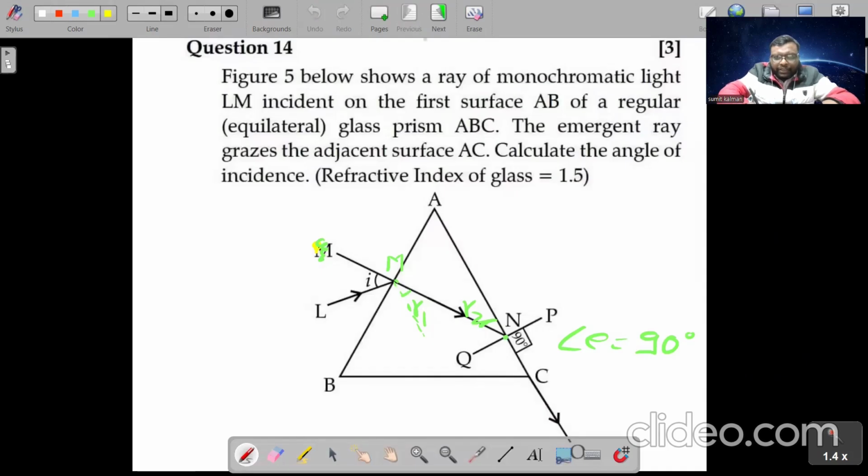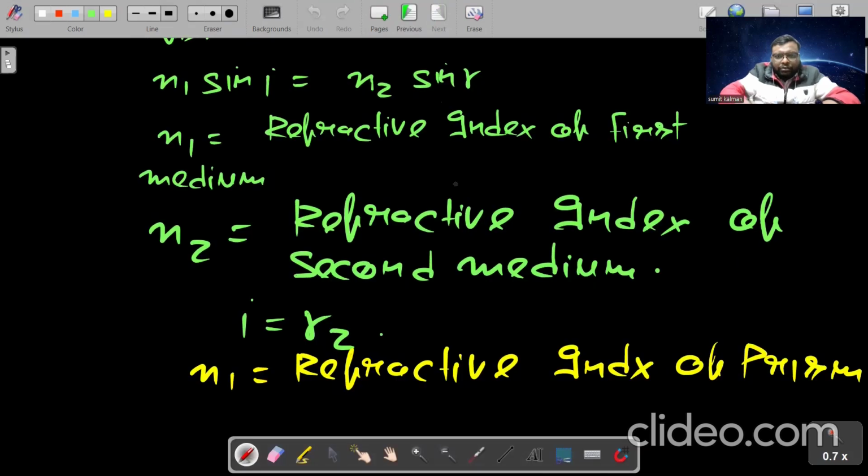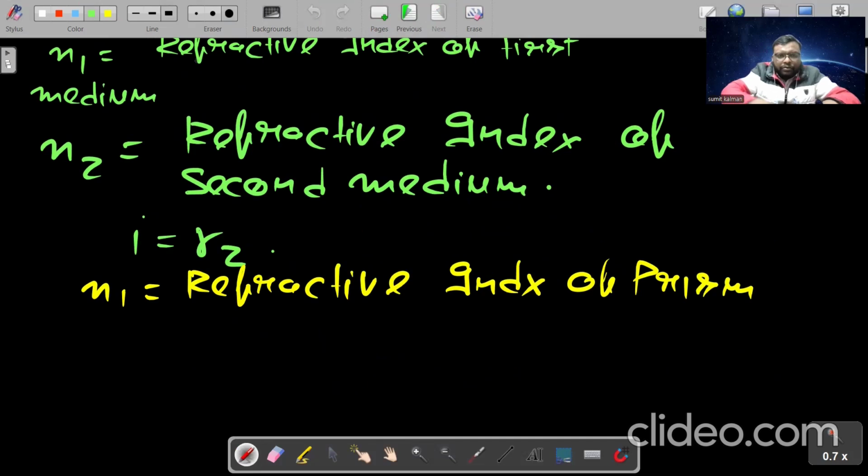In the problem it is given refractive index of glass, and the prism is of material glass, and it is 1.5. And as you all know, N2 is refractive index of air and it is equal to 1.